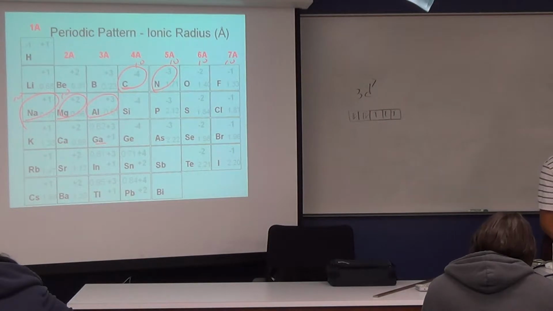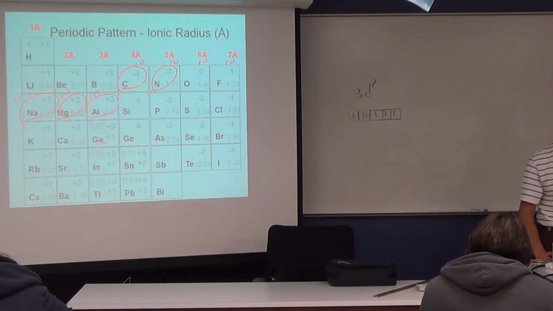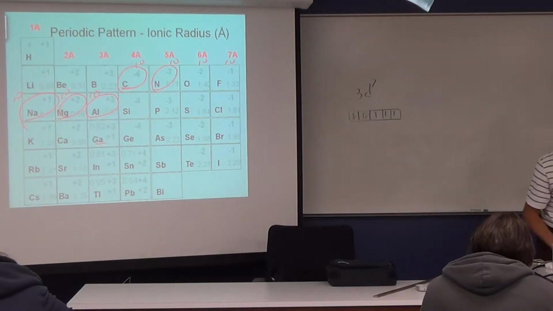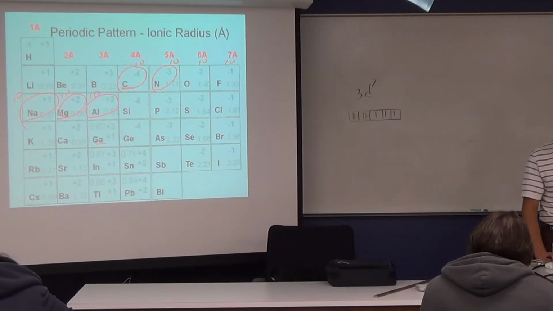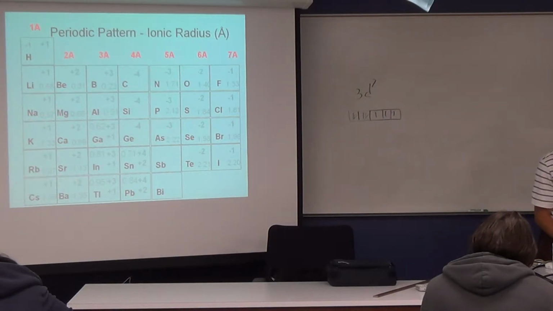And how many for aluminum 3 plus? They're all 10, right? So that is pretty good. These 10 electrons, they also have the same number of valence electrons.